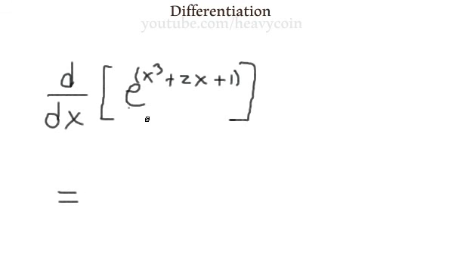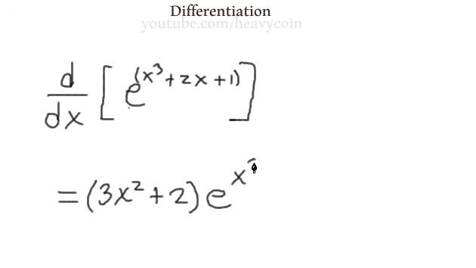Just another way of asking to find the derivative. So we take the derivative of this exponent here. So the derivative of x cubed is 3x squared, and the derivative of 2x is 2. And the derivative of 1 is 0. So I'm going to go ahead and put a parentheses around this. And then we just rewrite the whole thing. e raised to the x cubed plus 2x plus 1. Okay, so this is equal to this here. So just another way of asking, hey look, let's find the derivative.